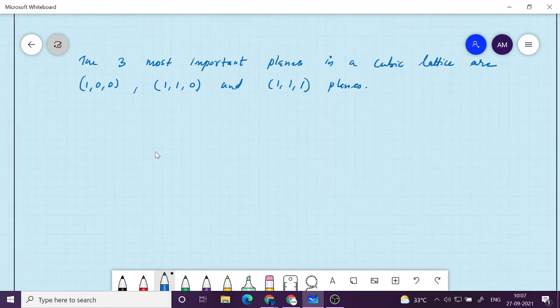Now what are these 1, 0, 0 planes? A 1, 0, 0 plane refers to a plane that is perpendicular to the x-axis.